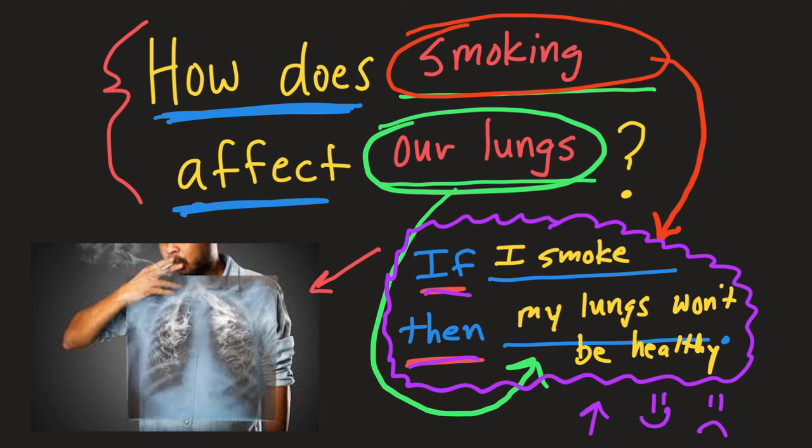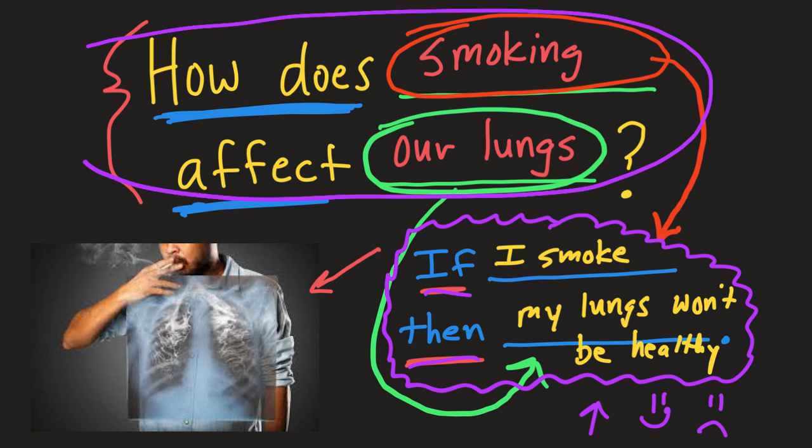We should always create the hypothesis while we're looking at our question. It should come straight from our question. We should fill in these blanks here. All right, so that's how we write a hypothesis from a question in science.